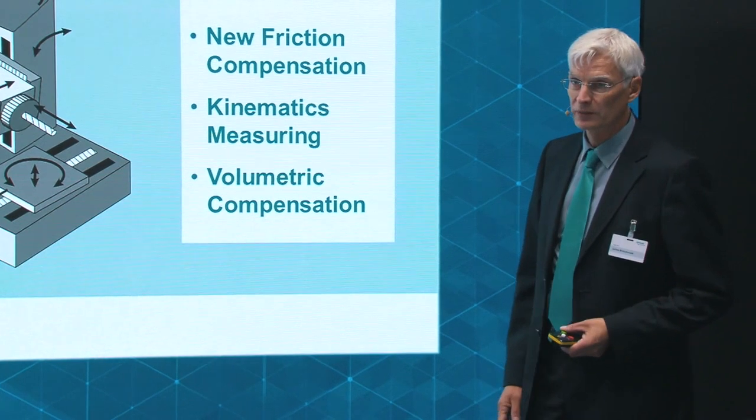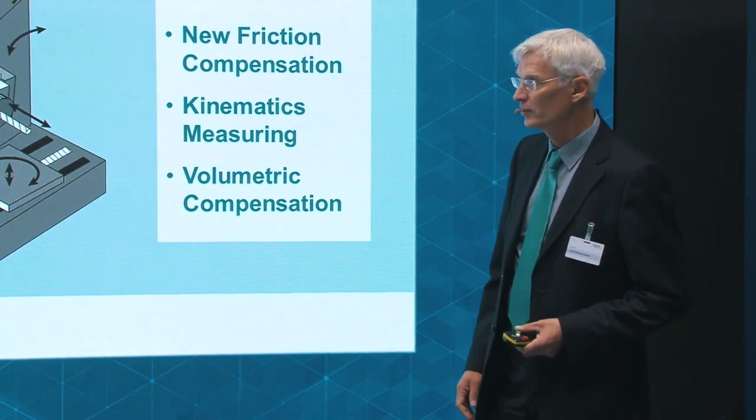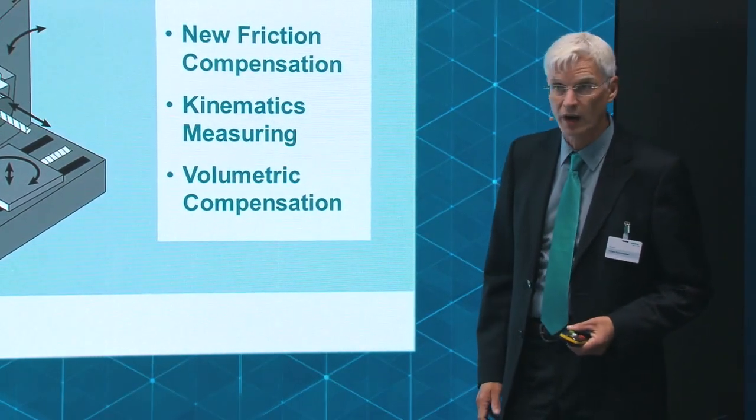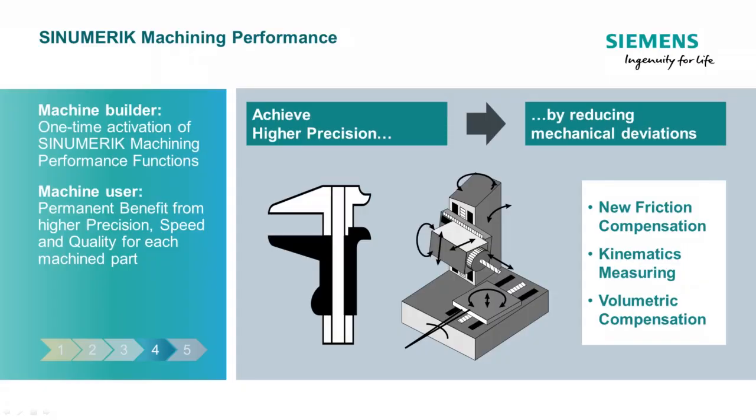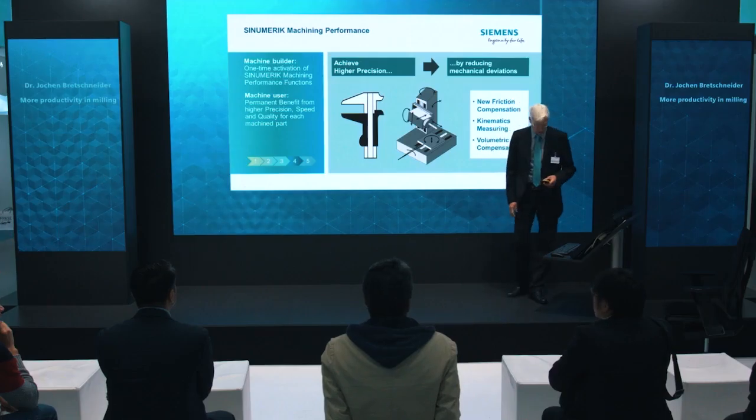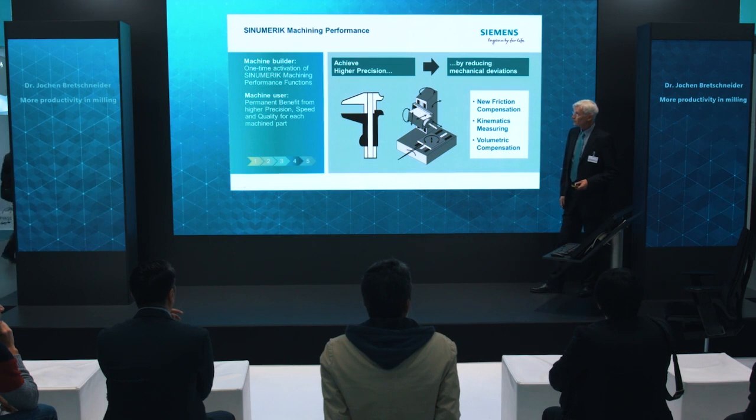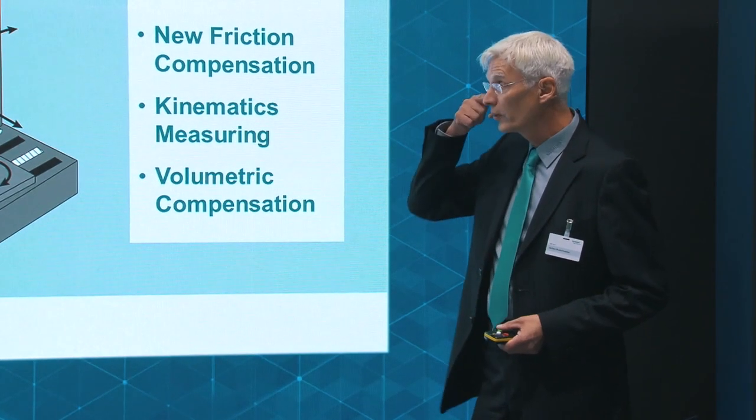And when it becomes more complex, if all possible deviations should be taken into account, we have our so-called volumetric compensation system, which allows laser measurement of deviation in machines and compensation for such effects. That's all about capabilities to get higher precision.